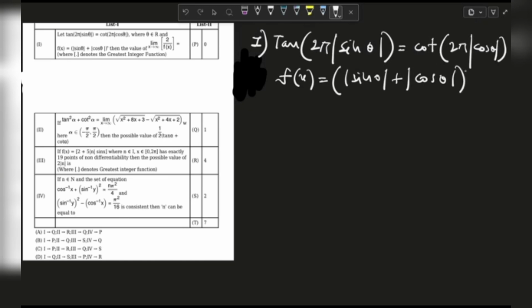So we need to find out the value of limit x tends to infinity and whatever. So let's try to get something from here.